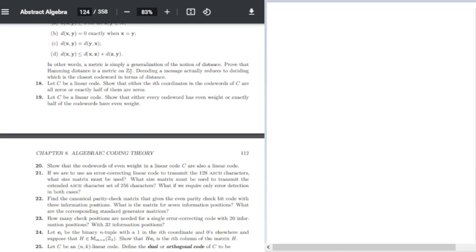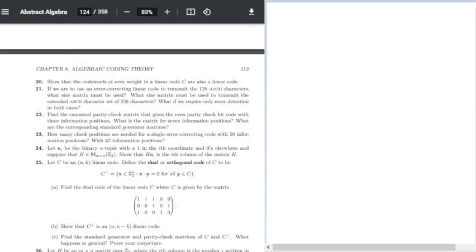Okay, let's see, if a linear code shows that either the ith coordinate of the code words is zero or exactly half of the code words have weight... Show that code words in ways.